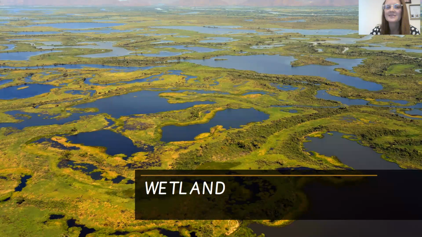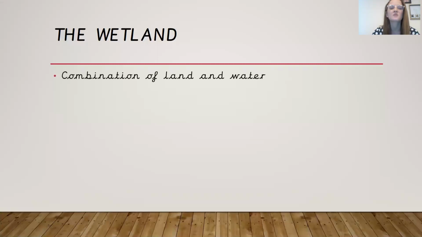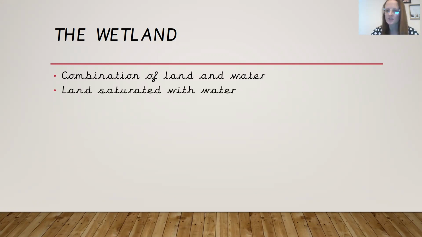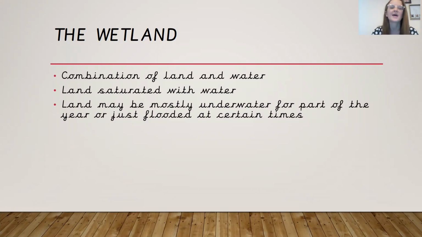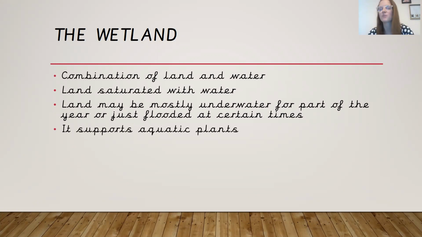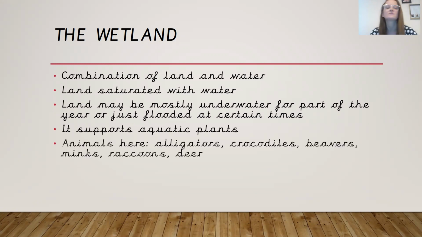A wetland is something that you can see from this picture has a lot of water. So a wetland is a combination of land and water. The lands are saturated with water, so there's a lot of water in them. Land may mostly be underwater for part of the year or just flooded at certain times. It supports aquatic plants, so water plants.